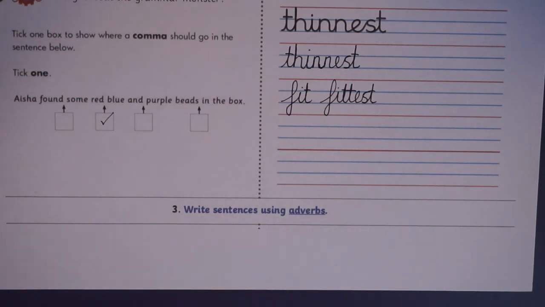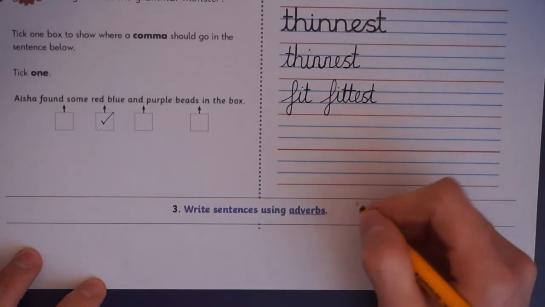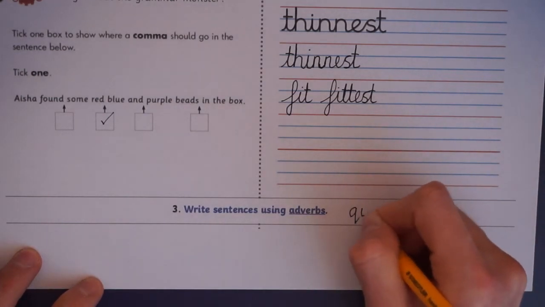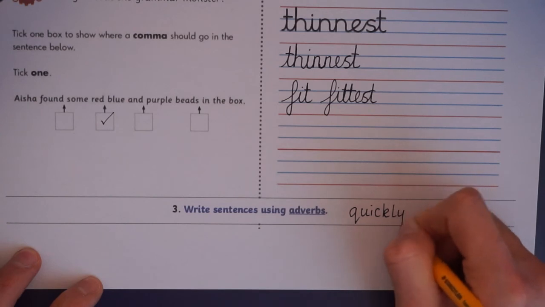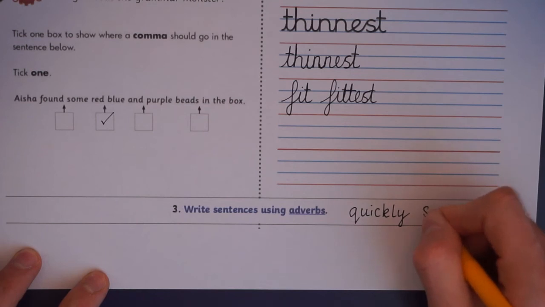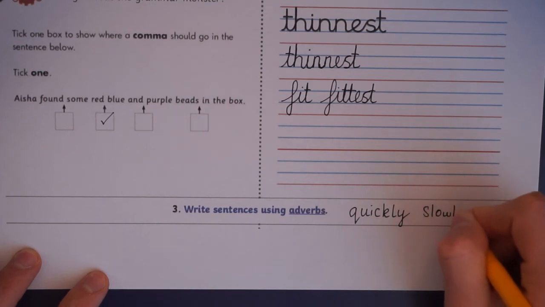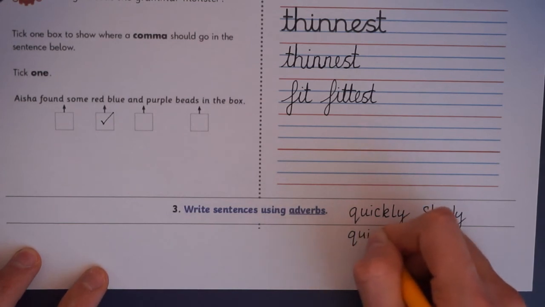So I'm going to just write down some adverbs that you could perhaps use. You could perhaps use the adverb quickly. That's one we use a lot at school. You could write the opposite, slowly. Quietly and loudly are some quite good adverbs to use.